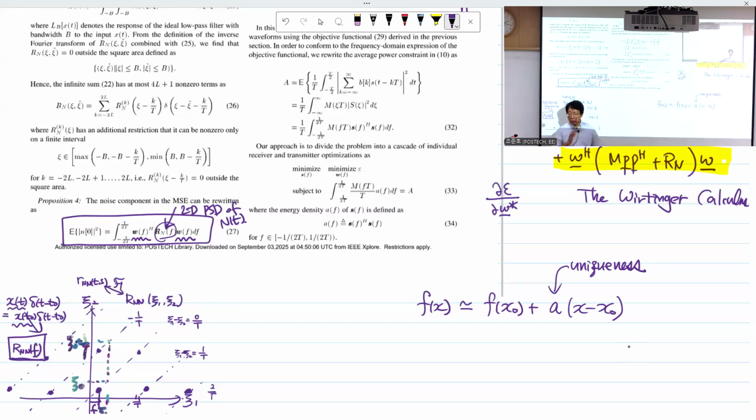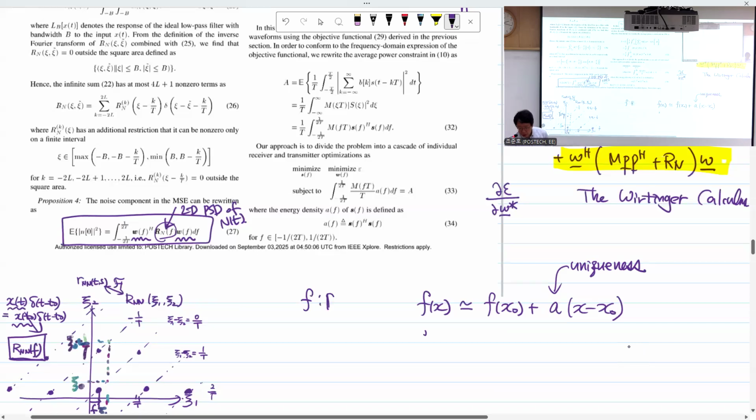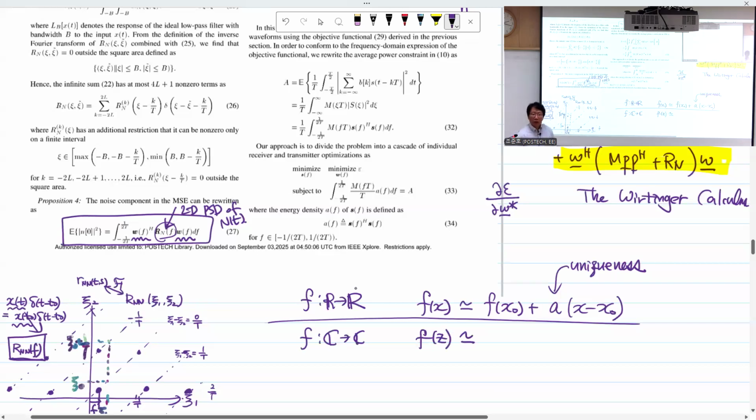Same thing. Suppose you have a function, complex valued or real valued. So here, f from R into R, this is your high school. Now f from C into C, which means that you have a complex valued function of a complex number. Let's call it f(z), okay? Now you want to do almost the same thing as you've done in a real function of a real argument.